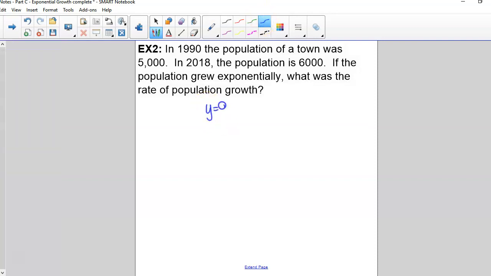We need y equals a times b to the x, but the only thing we really have is our a, or that we can find easily. So we know y equals 5,000 times b to the x.